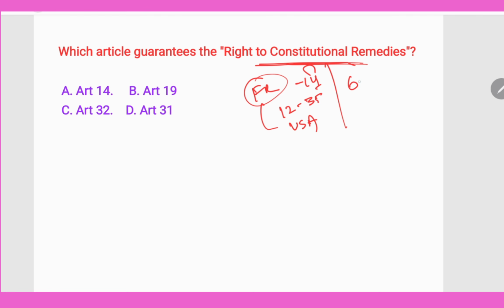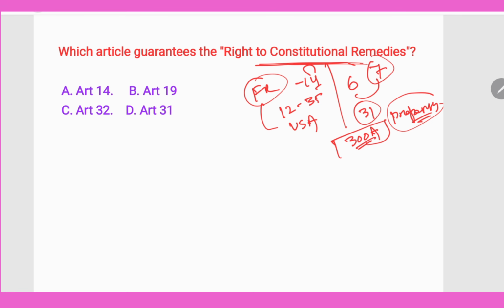Initially it was 7 fundamental rights, but now it is 6 fundamental rights. Article 31, which is right to property, was removed from fundamental rights and is placed in article 300A. Okay, now right to property is no more a fundamental right.